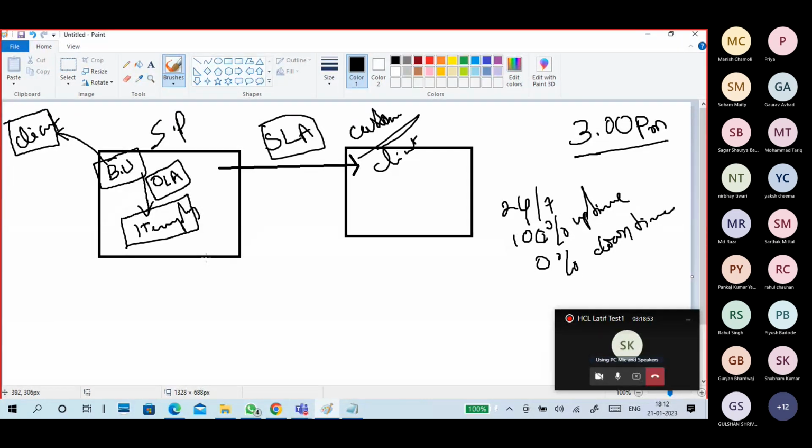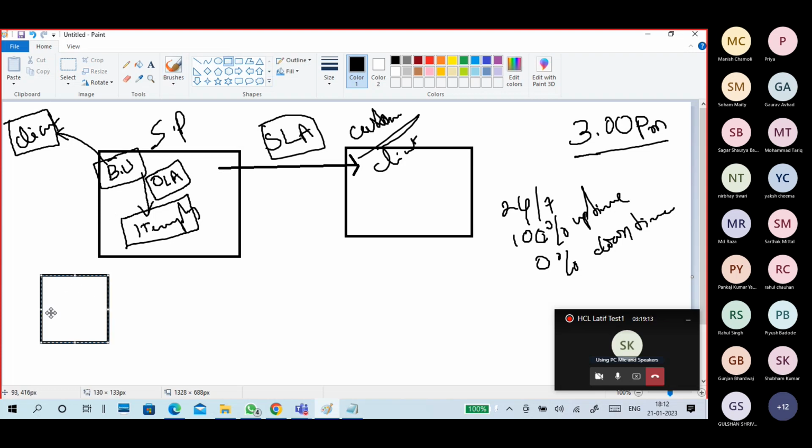What the BU has agreed with the client, we should fulfill as IT employees. The signed contract between them is called an OLA, operational level agreement.